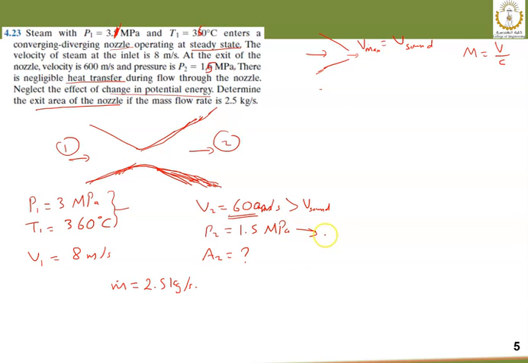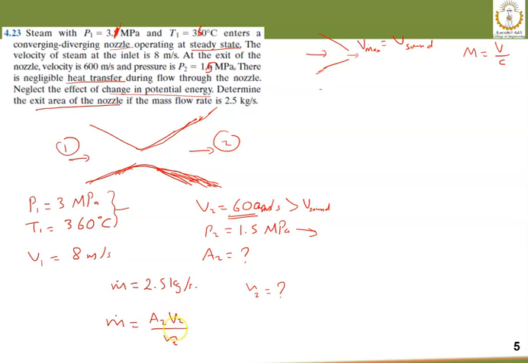We need another property to find the specific volume, because if we have the specific volume, then we can say m dot equals A2 V2 over the specific volume 2.